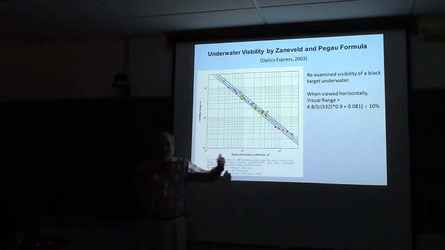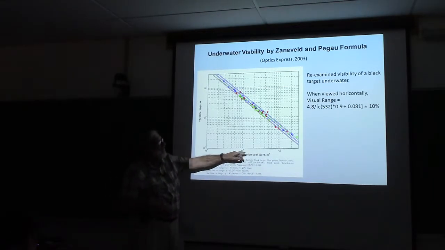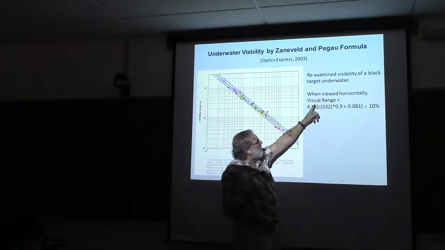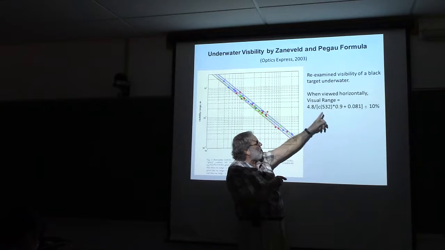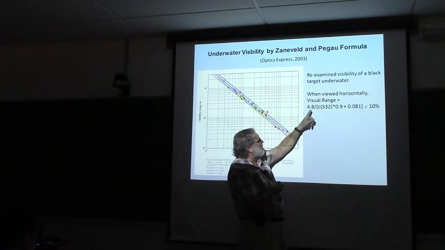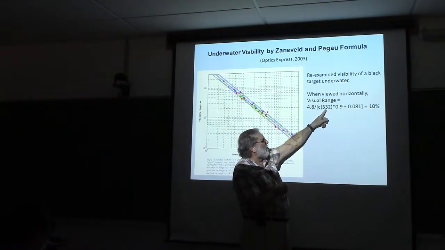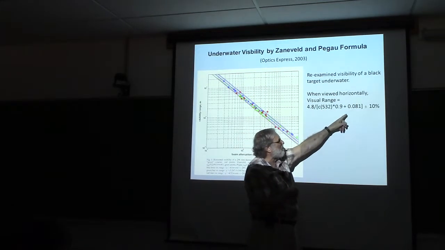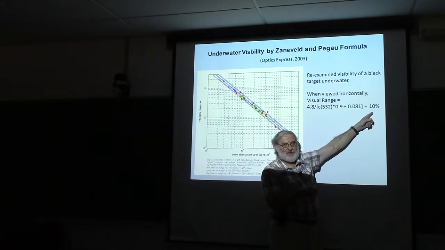Looking horizontally gets rid of this KD business, and it's only beam c. So they do their analysis, and they say if you've got a black target underwater and you're viewing it horizontally, the visual range is about 4.8 over beam c, not photopic, just plain old beam c at 532, times 0.9 plus 0.08, and that's good to plus or minus 10%.